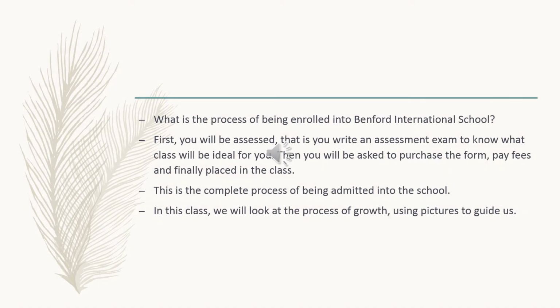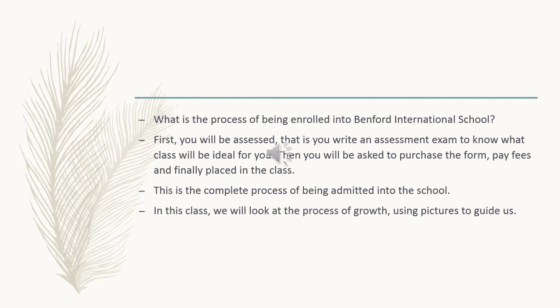Now let's start by looking at this. What is the process of being enrolled into Benford International School? Yes, first you'll be assessed. That is, you write an assessment exam to know what class you'll be placed in, and then you buy the form, pay fees, and then you'll be placed in a class after you've gotten your uniform.